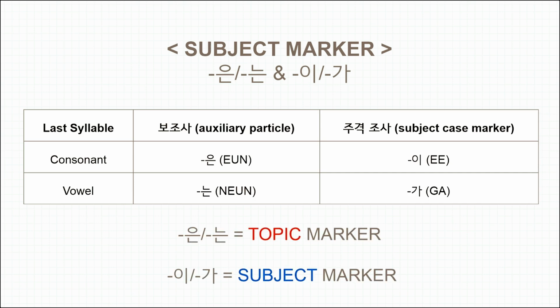Functionally, you can think of 은는 as a topic marker and 이가 as a subject marker. Now let's compare these two.